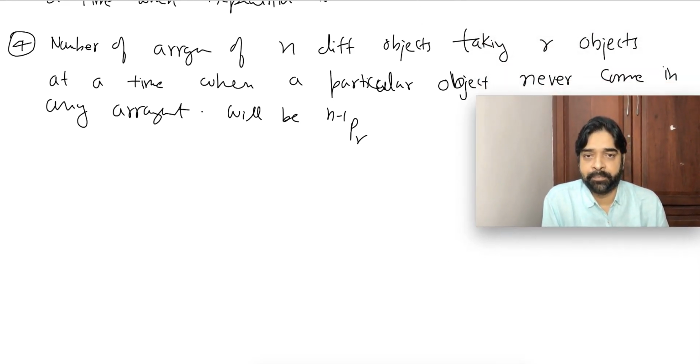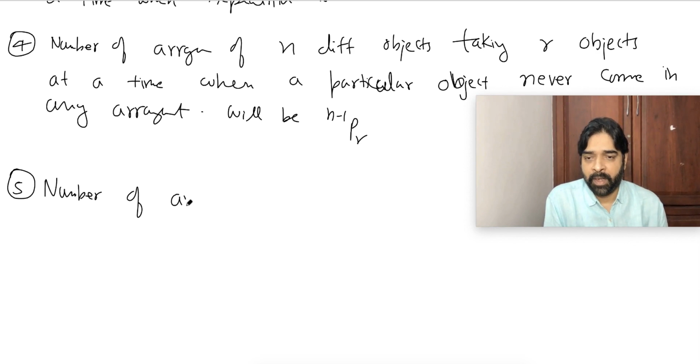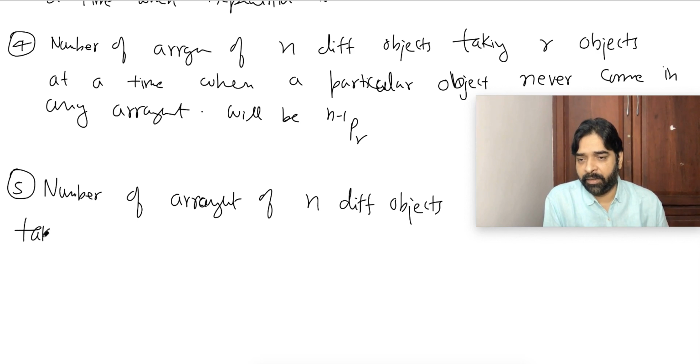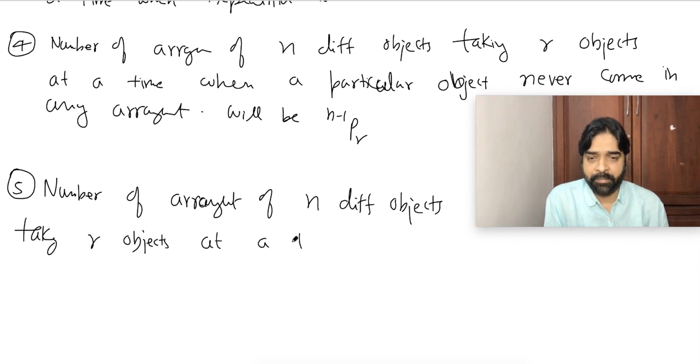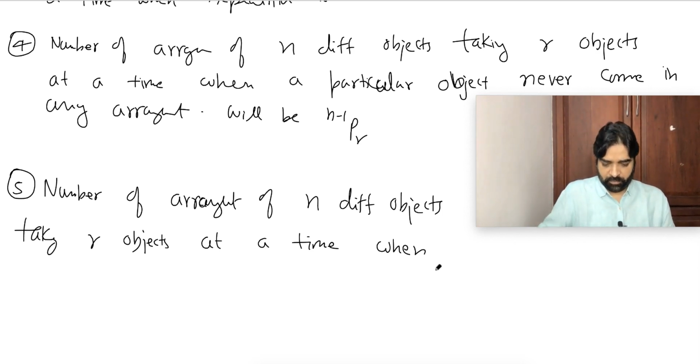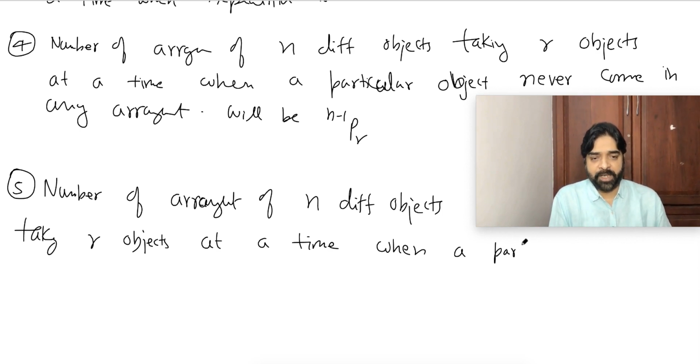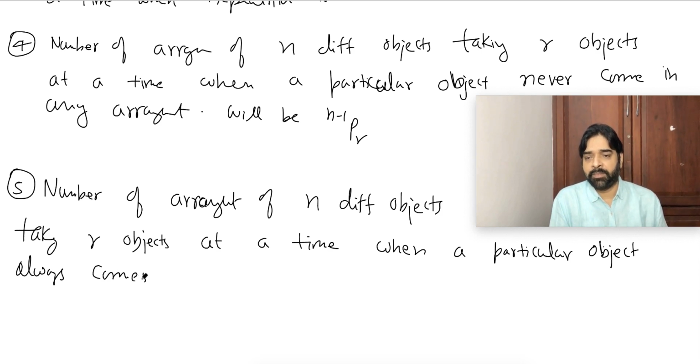Next one. Number of arrangements of n different objects taking r objects at a time when a particular object always comes in every arrangement.